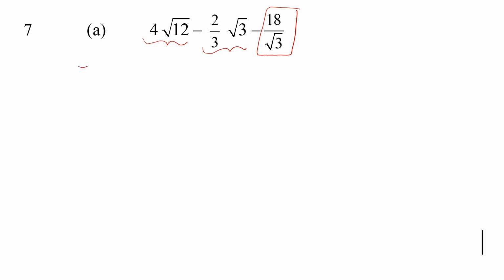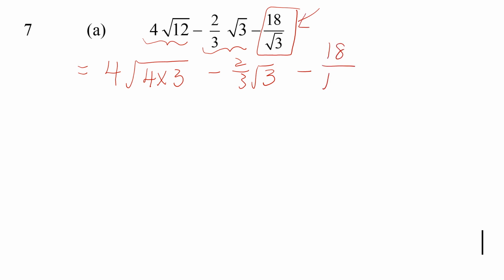Right, so for the 4 square root 12, we're going to write 12 as 4 times 3. Now this guy 2/3 square root 3, not yet, just leave it alone first. And then for this, we're going to rationalize it. So we just multiply with square root 3 at the numerator and square root 3 at the denominator. Okay, why do you want to do that?